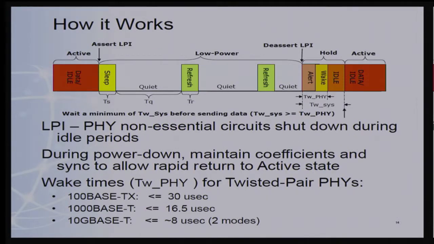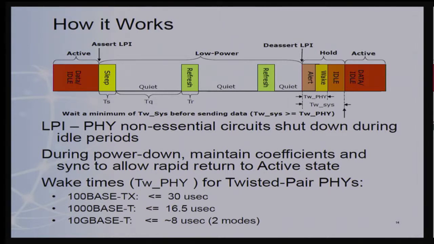This gets into a little bit more detail about how EEE works. The transmitter would be, in this case, where we have the red block talking about idle or data. If it's sending data, it's sending data, and if there's no data to send prior to EEE, that would be normal idle, and you still are utilizing full power even when you're sending an idle signal.